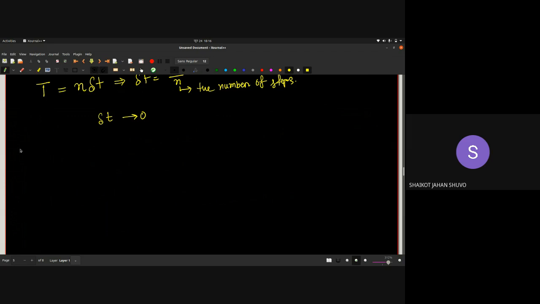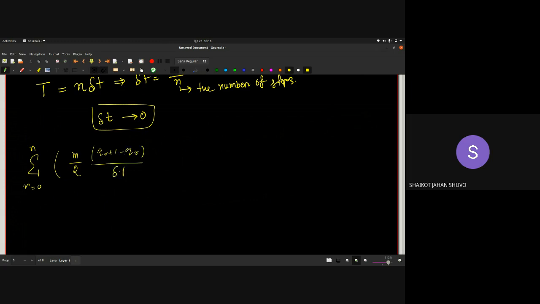So when we take this limit, this sum over r equals 0 to n of the quantity m by 2 times q of r plus 1 minus q of r. Now you see why I wrote delta t square in the denominator instead of writing a delta t. Minus v of q of r delta t.